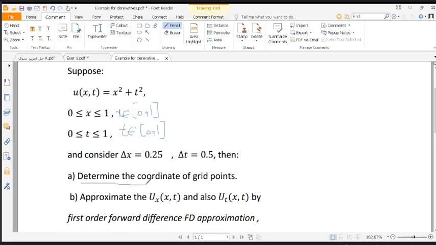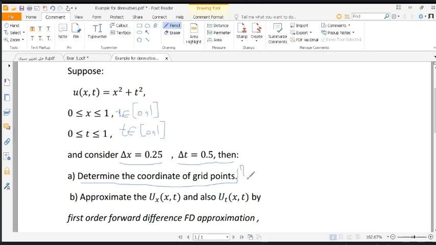Please determine the coordinates of the grid points by using delta x equals 0.25 and delta t equals 0.5. First, determine the coordinates of grid points.